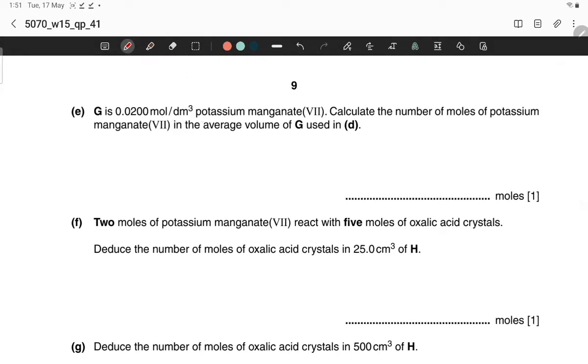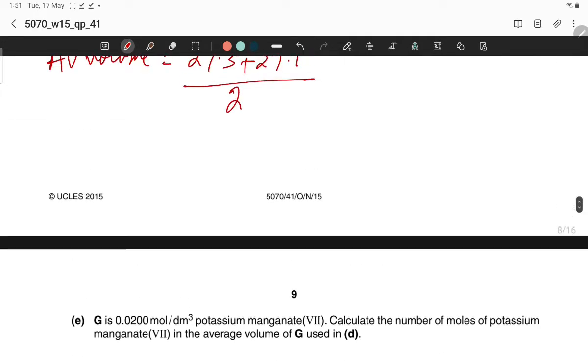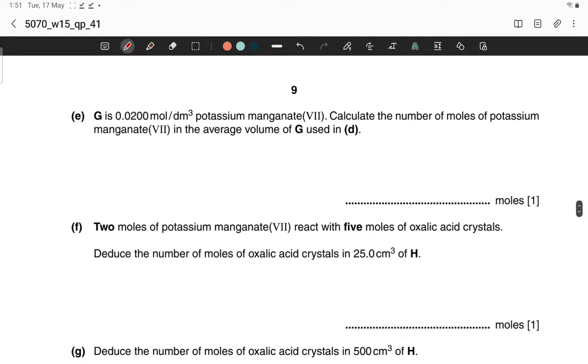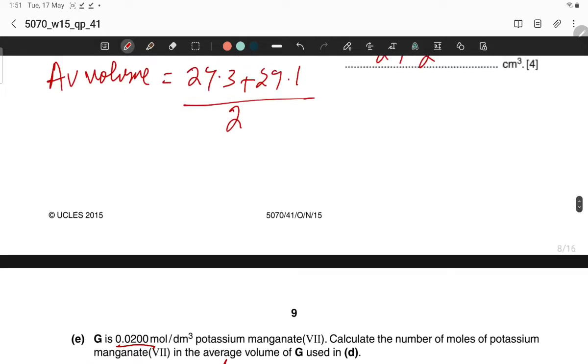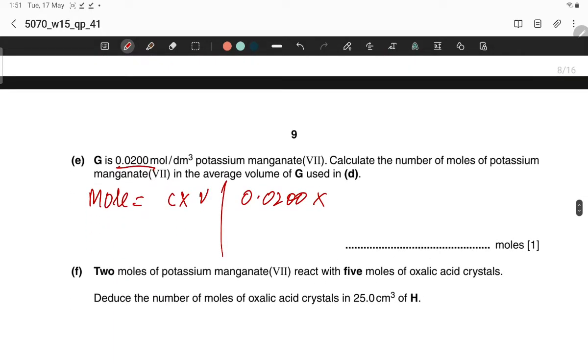Now G is 0.0200 mole per dm cube potassium manganate. Calculate the number of moles of potassium manganate in the average volume of G used. The volume is 27.2 and this is the concentration. Mole is equal to C into V. Concentration is 0.0200 multiplied by the volume 27.2, which is in cm cube, so divided by 1000.